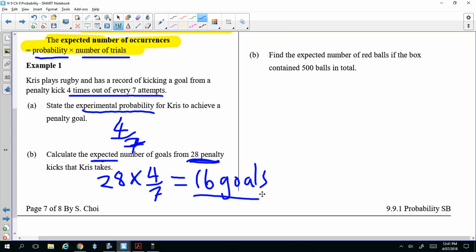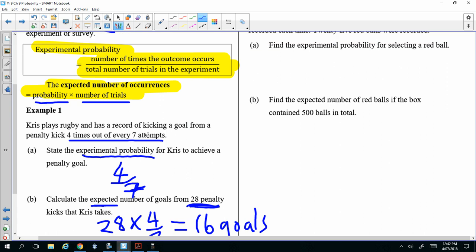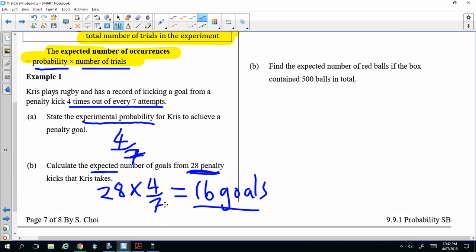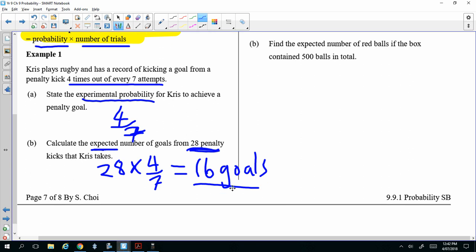He does that experiment 28 times. So every 7 penalty kicks, he kicks 4 goals, right? Yep, which is 4. 4 times 4, 16. So think of it this way: every 7 penalties, there are 4 goals.